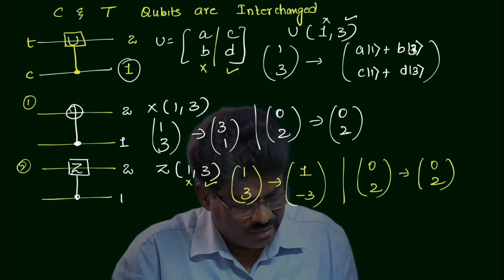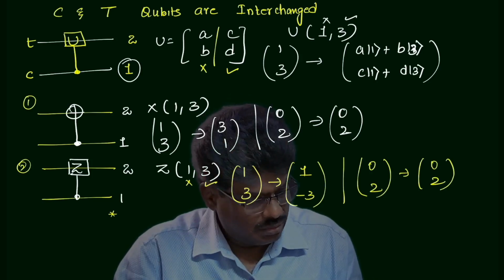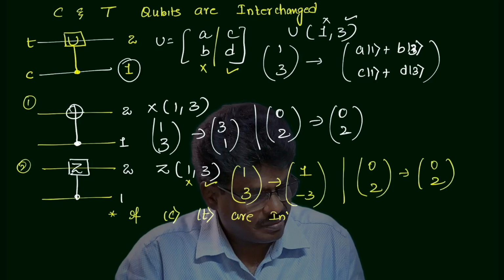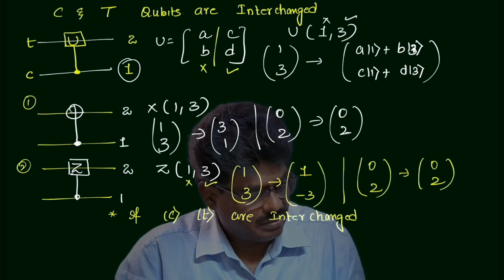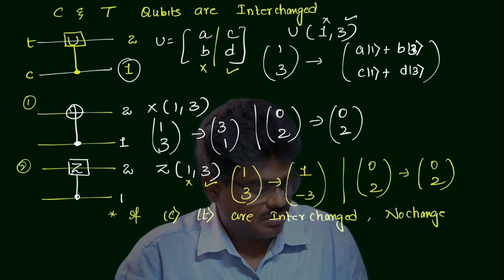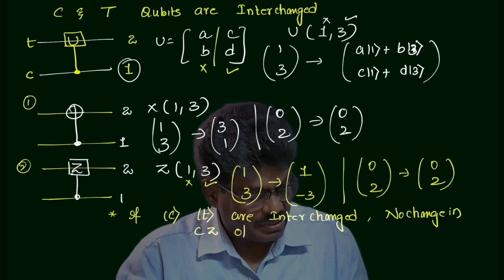That means if C and T are interchanged, no change in the control Z operation.